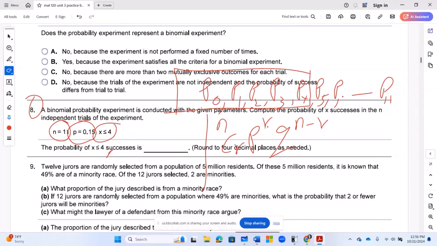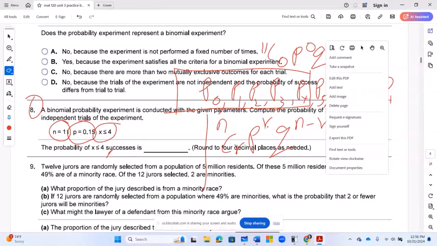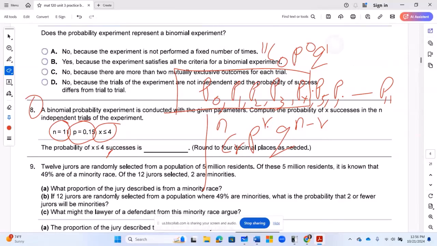I just want to remind us that P0 means 11 combination 0, success to power 0, and failure to power 11 minus 0.